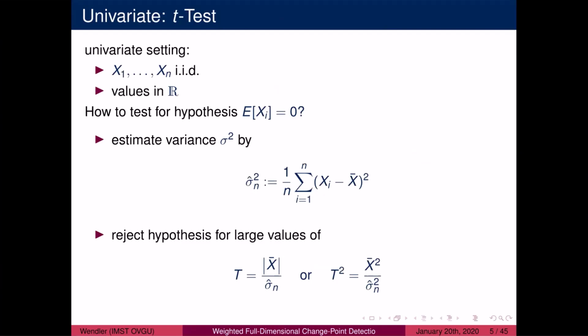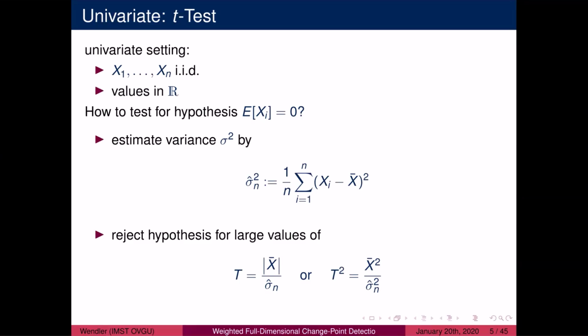Okay, so let's talk about very basic things first. You know from your first statistics class the t-test. We want to test the hypothesis that the expectation is zero, where you have real valued random variables which are IID. How do you do it?